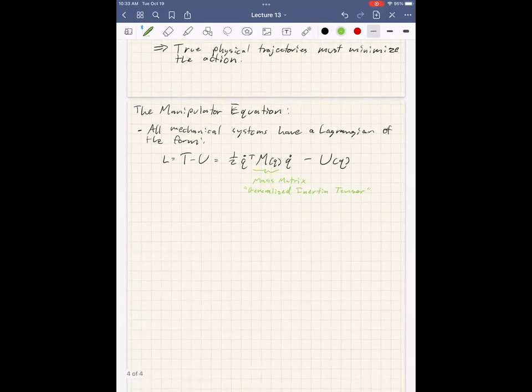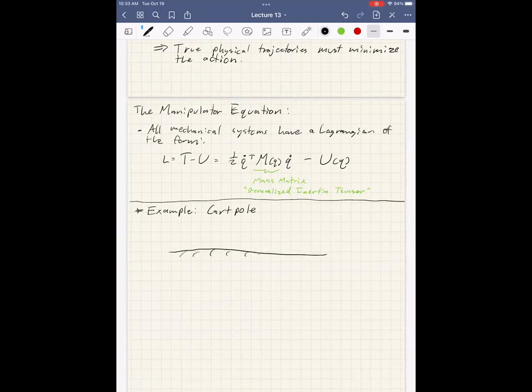Okay, so let's do a quick example of this to get a mass matrix and show what we mean by this. So we're going to do the classic cart pole real quick. So who's seen cart pole before? Almost everybody. Cool. So we're talking about a cart with wheels, say, and a pendulum up here.